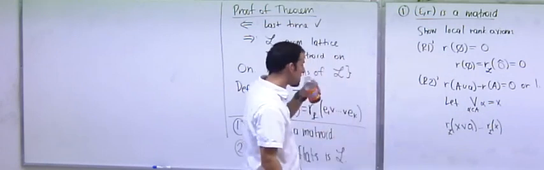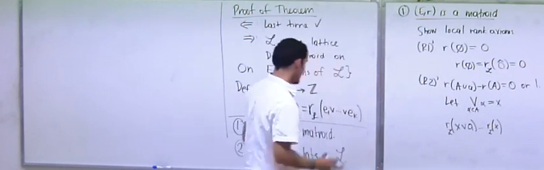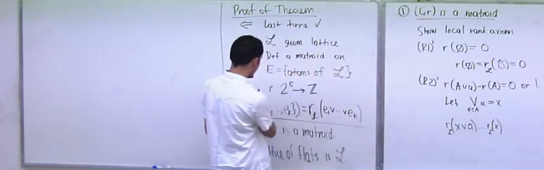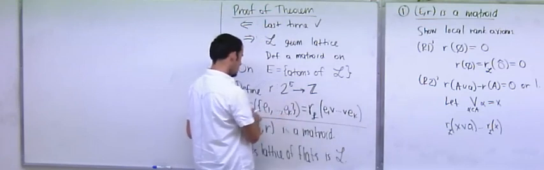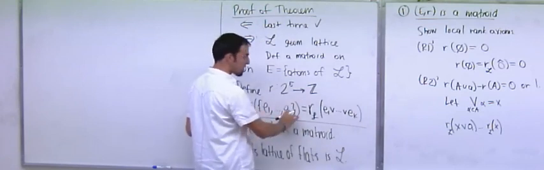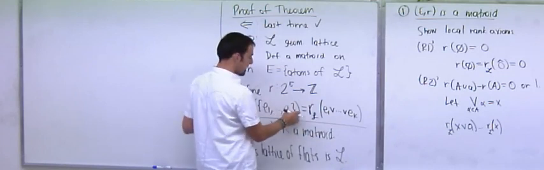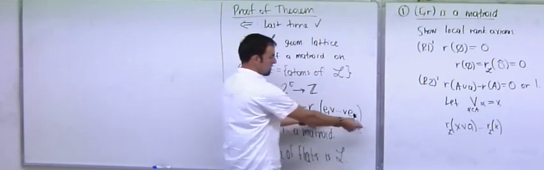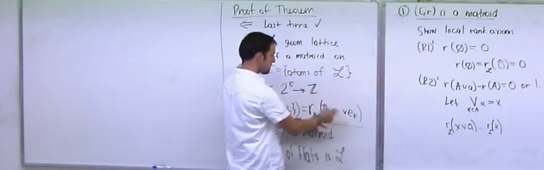So let's just go back to the definition. So what is the rank? Remember, the e's are atoms, right? And so by definition, the rank of a bunch of atoms in my supposed matroid that I'm trying to build, what I have to do is take the join of those atoms in the lattice and see what rank that has.